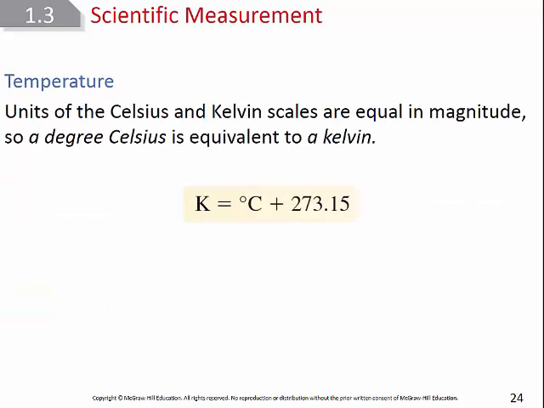To convert from Kelvin to Celsius, the factor is 273.15, and you typically just take whatever your degrees Celsius are and add 273.15.